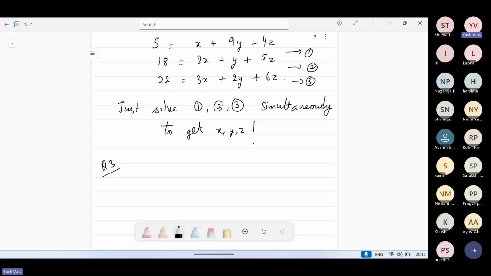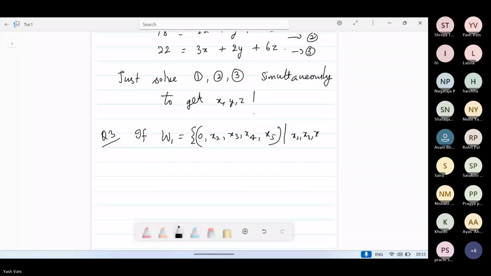So W1 is this, such that, and W2 is this, such that.